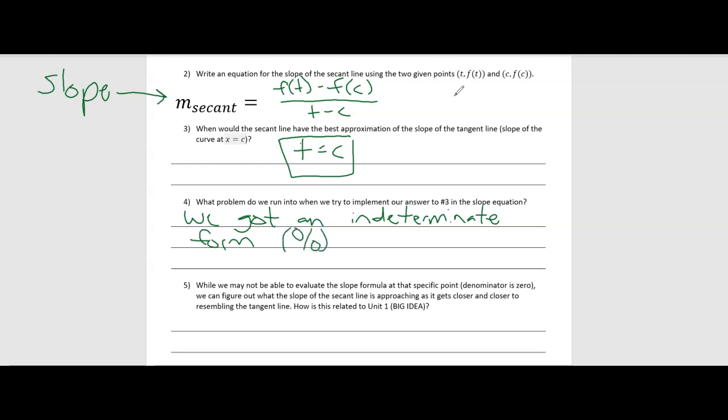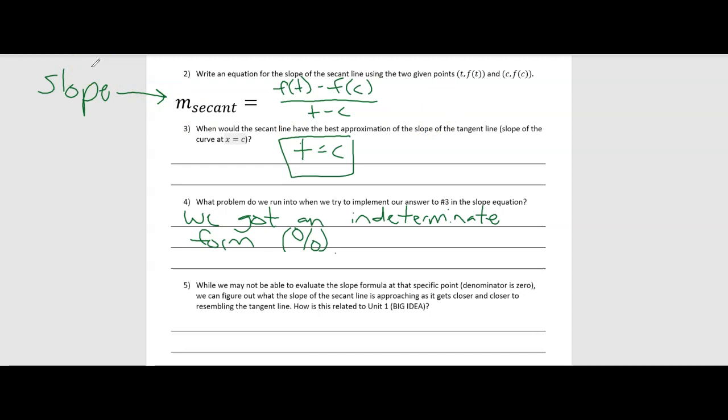Right, 0 divided by 0. So we knew that there certainly was an answer to what the slope of the tangent line was, but the method we were using wasn't working efficiently or effectively.